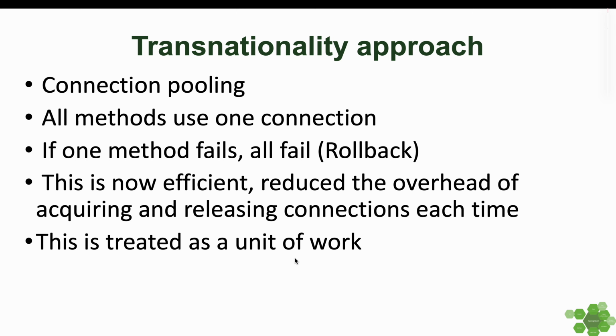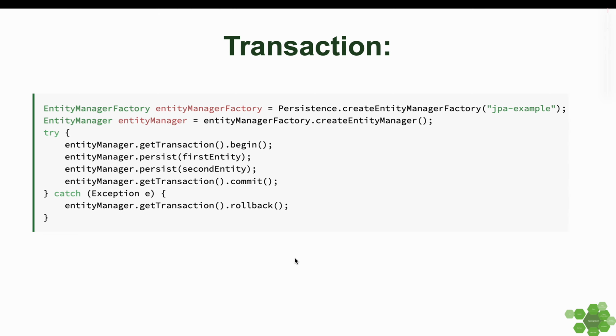So you might be wondering what the beginning and ending of a transaction look like. I'm just going to show you the code here. So we see here what we are doing. We have the entity manager factory, which we get from the persistence unit.